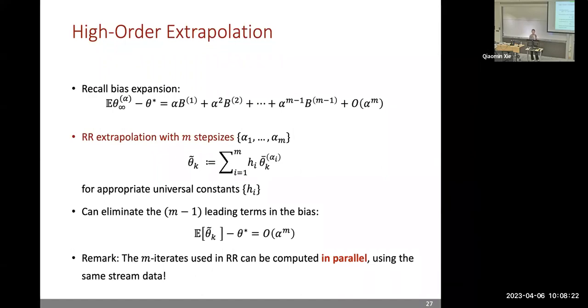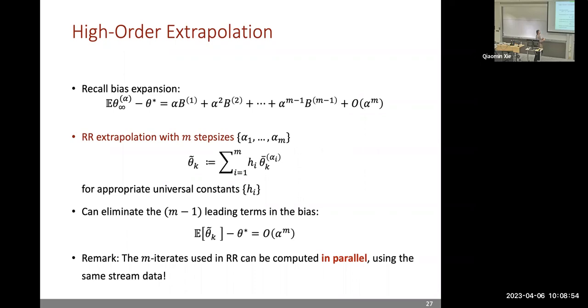What knowledge do you need to have to compute the coefficients H here? Actually, you don't need to know all these parameters, as long as you know they are constant, not depending on alpha. Then you can set up a set of linear equations to solve for the coefficients H_i. Basically, you want to set up the equations such that the first m-1 orders are eliminated.